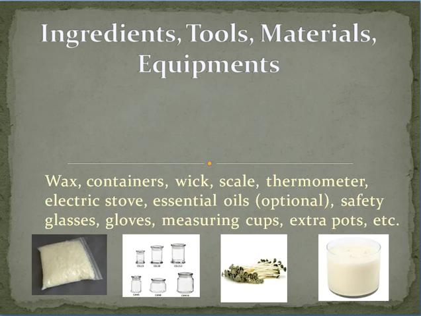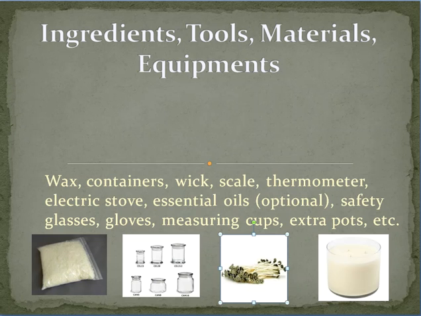Here are ingredients, tools, materials, and equipments to make candles. So we need wax. Here is the wax in the picture, you can see. And we need containers, wick, scale, thermometer, electric stove, essential oils.